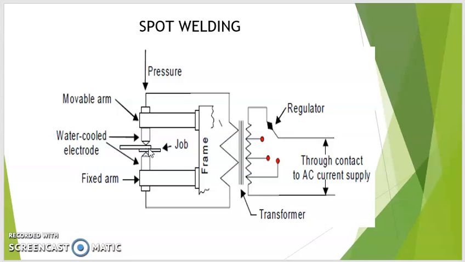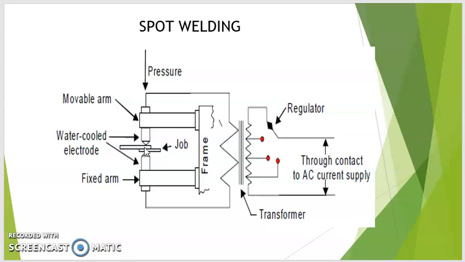And the last one is R4, the resistance at the interface of workpiece. I repeat, R1 resistance of the electrode, R2 resistance at the interface of electrode and workpiece, R3 the resistance of the workpiece, and R4 the resistance at the workpiece interface.